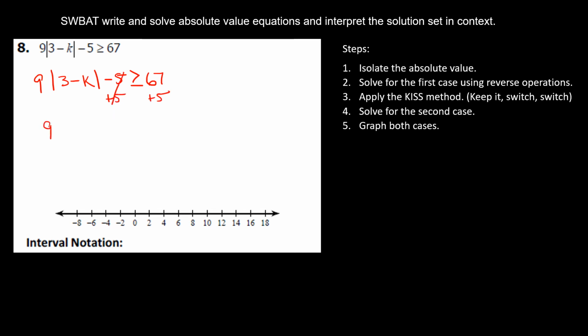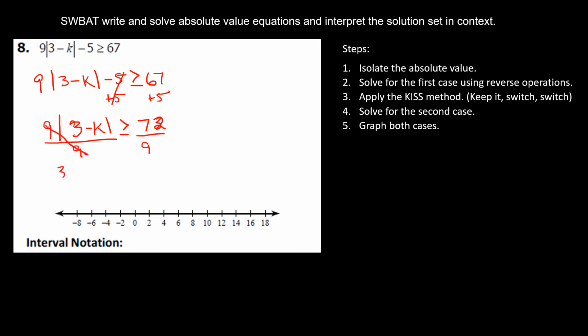So we'll say 9 absolute value of 3 minus k is greater than or equal to 67 plus 5 is 72. We then divide both sides by 9.